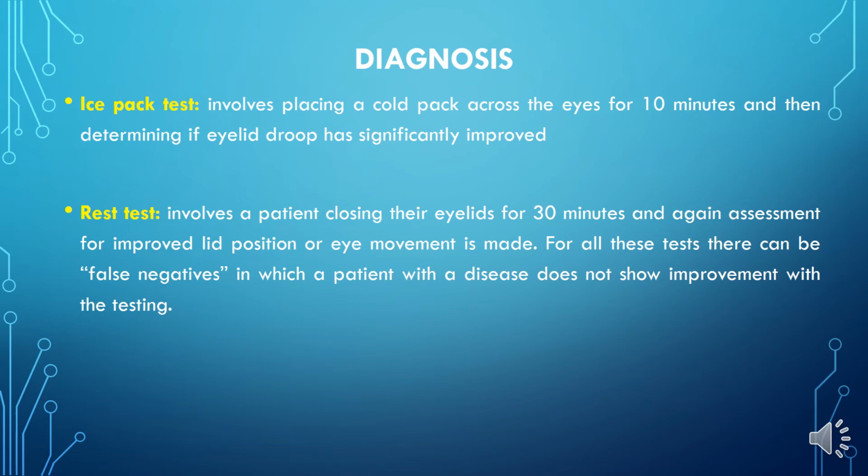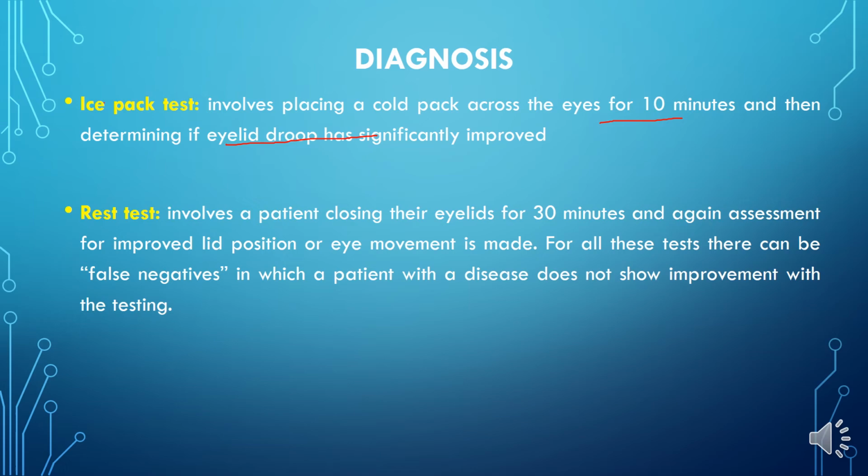The ice pack test, where we just add an ice pack on top of our eyes for 10 minutes, and if the drooping in the eye, which was found earlier, improves, then this is the case of myasthenia gravis and not a stroke in the ocular nerve.